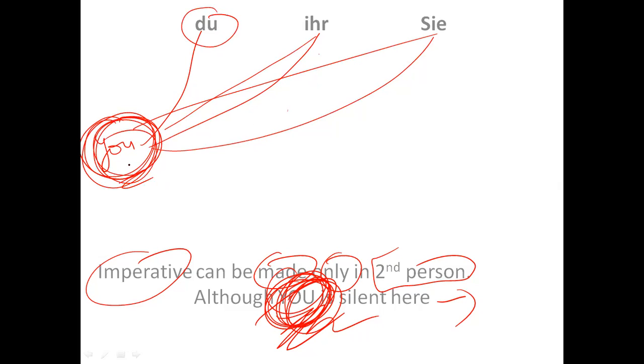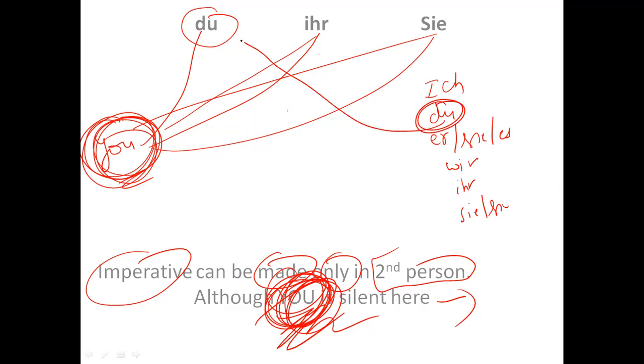But as you already know, if I say ich, du, er, sie, es, wir, ihr, sie, Sie, here is du, here is ihr, and here is Sie.